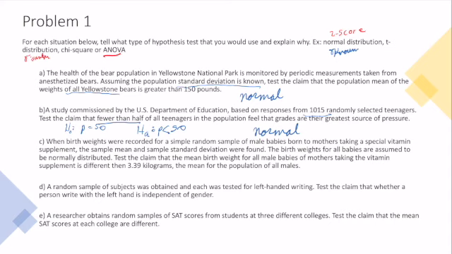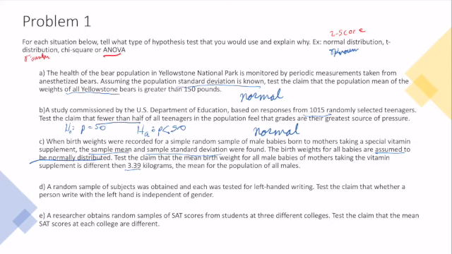Okay, for C, when birth weights were recorded for a simple random sample of male babies born to mothers taking a special vitamin supplement, the sample mean and sample standard deviation were found. The birth weights for all babies are assumed to be normally distributed. That's something we need. So we're going to test the claim that the mean birth weight for all male babies of mothers taking the vitamin supplement is different than 3.39 kilograms, which is the mean for the population of all males.